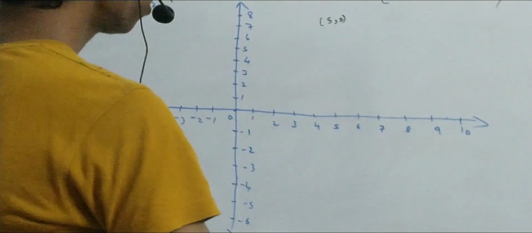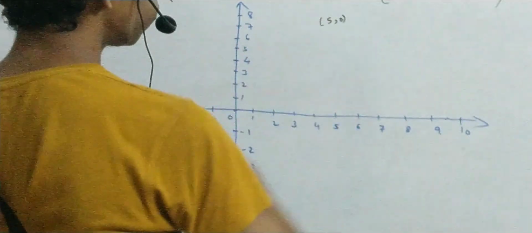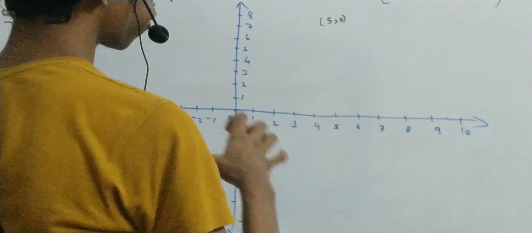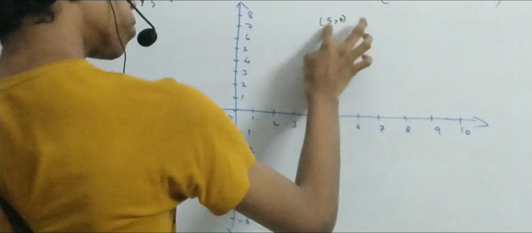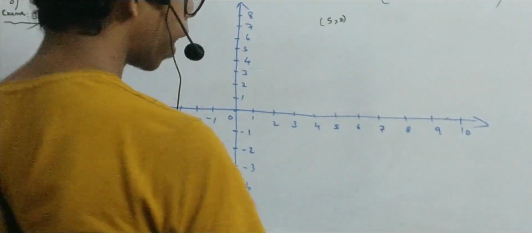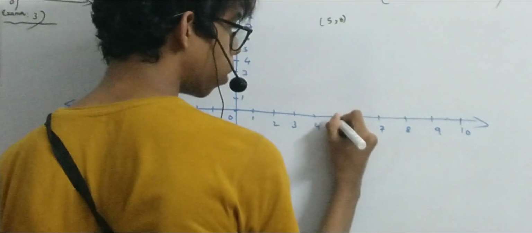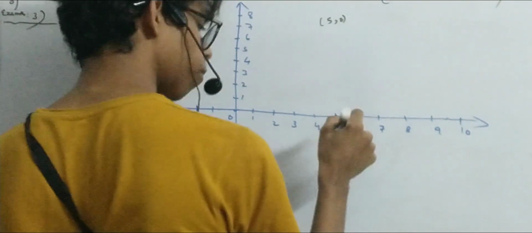Just see here, if you see (5, 0), the x-coordinate is 5 while the y-coordinate is 0. So definitely if the x-coordinate is 5, it will be a point lying on the x-axis. So we can put a dot over here like this. Why?